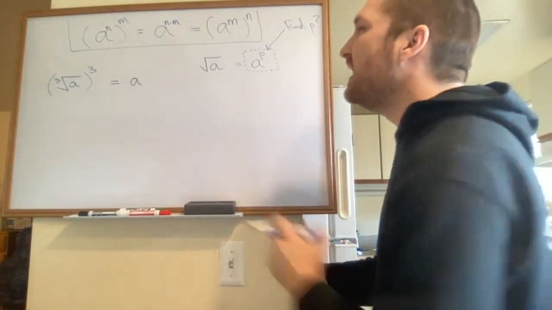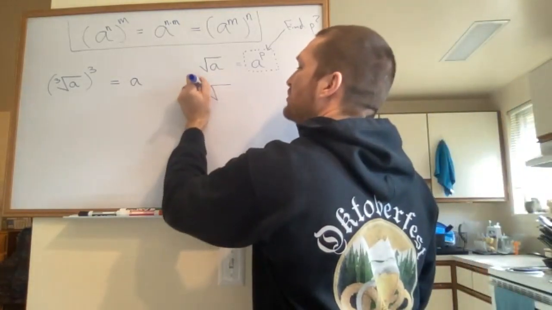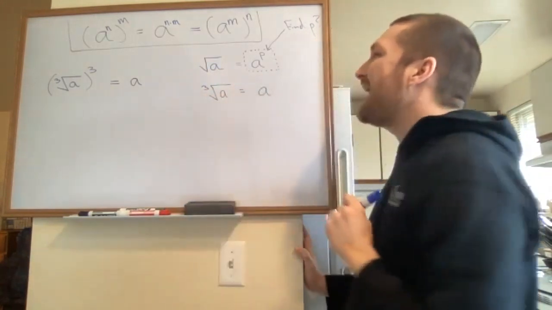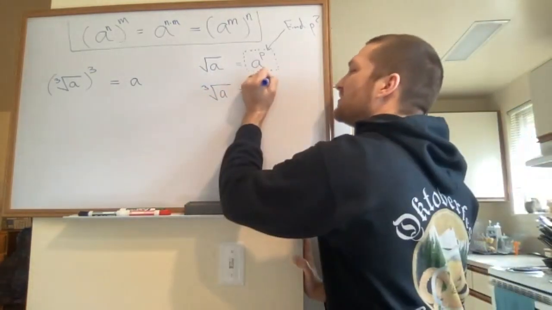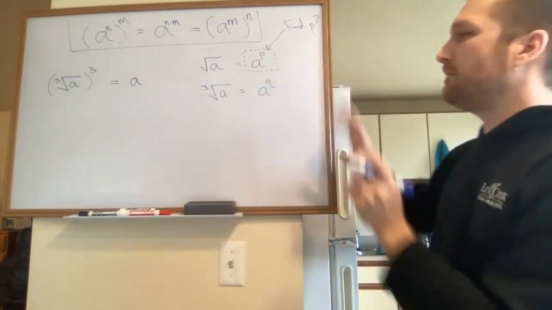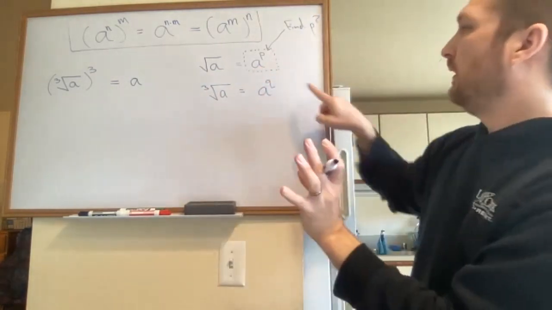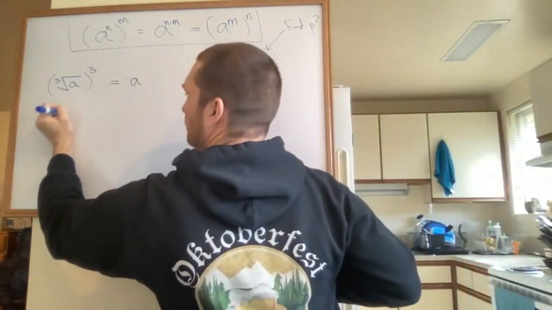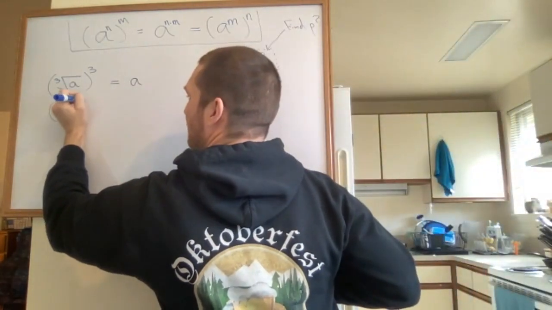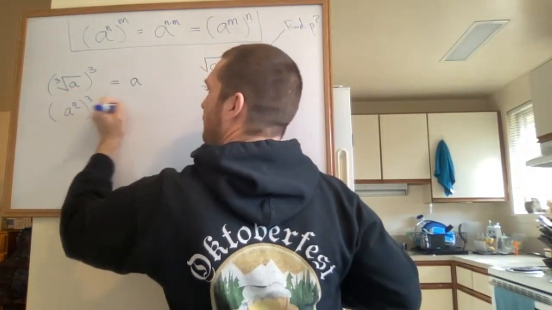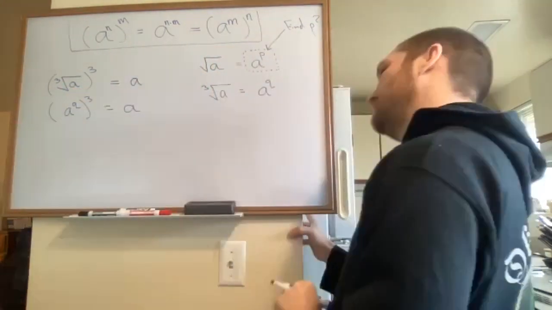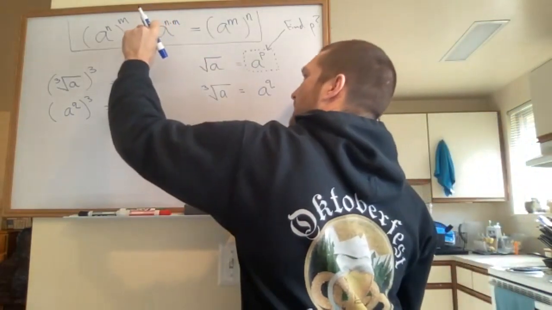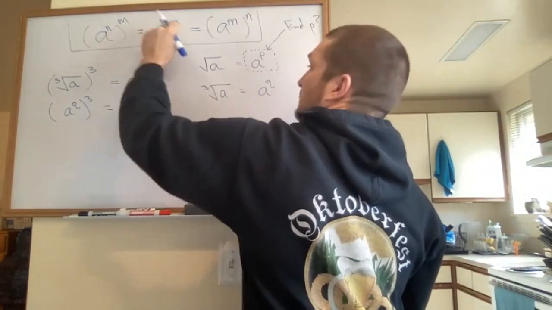Let's say what we want then is to rewrite the cube root of a as a to some power. Instead of calling it p, let's call it q, so we're not messing things up here. So a to the q raised to the third is equal to a by our fact that we have up here.